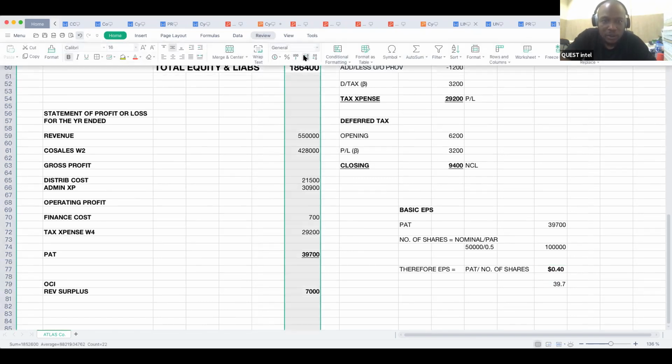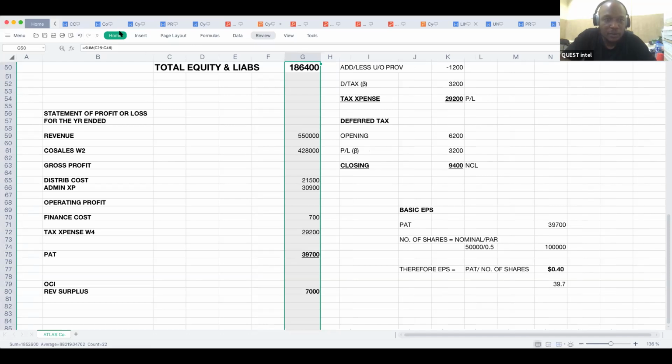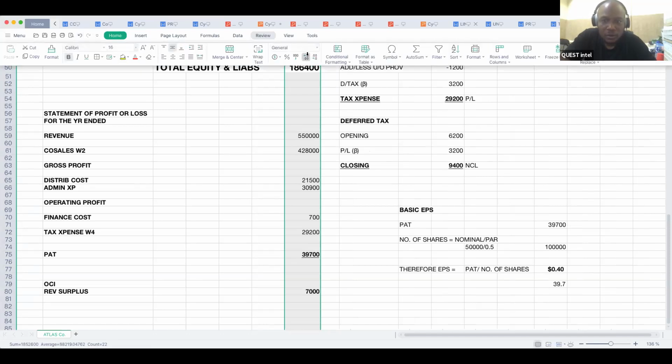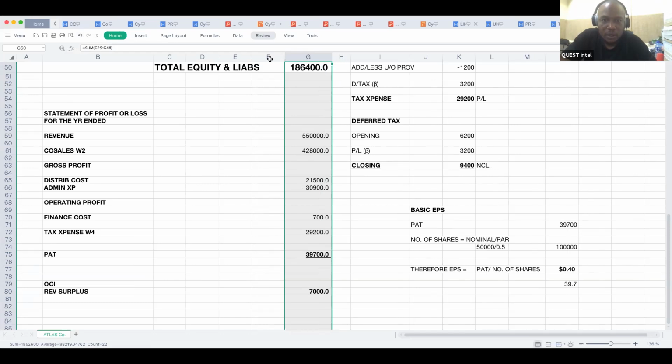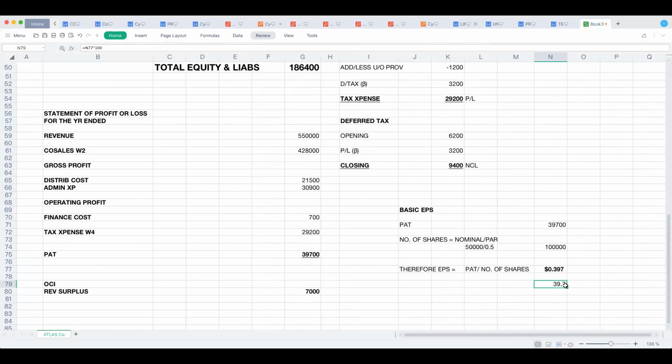So I want it in 3 decimal places. Okay, and then I can call this 37 cents.